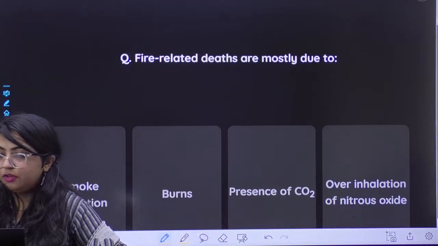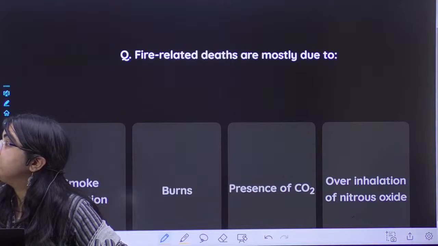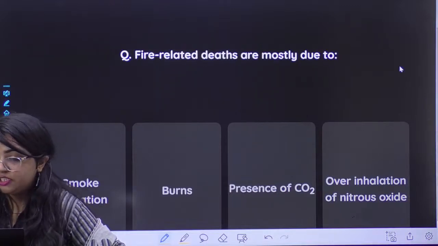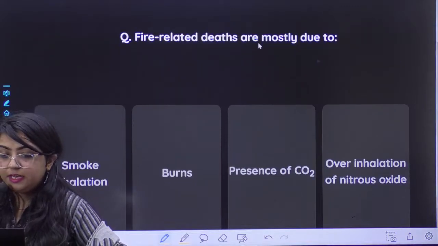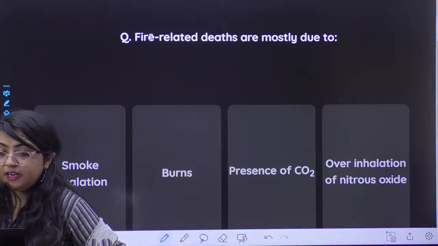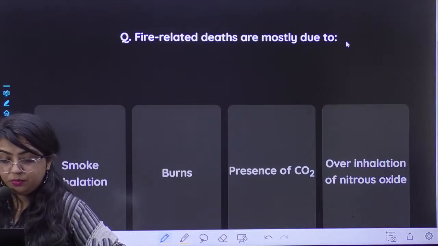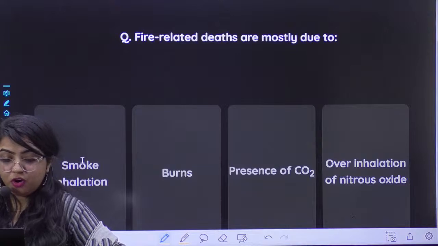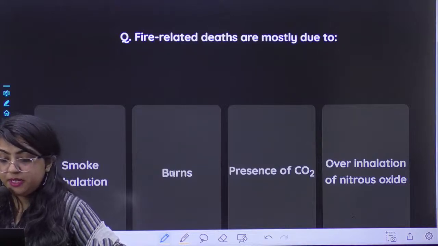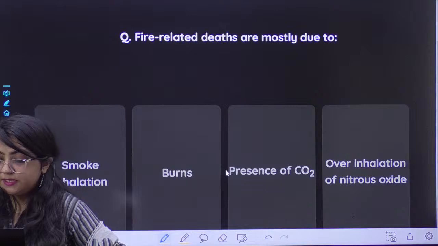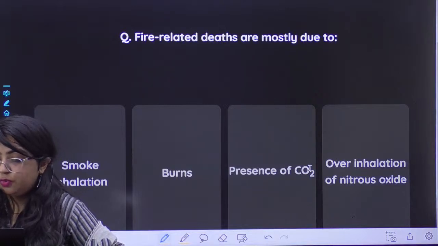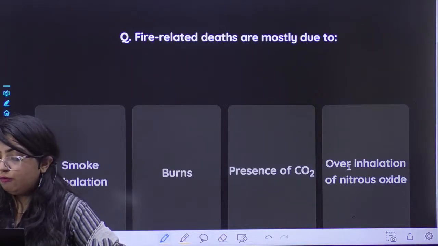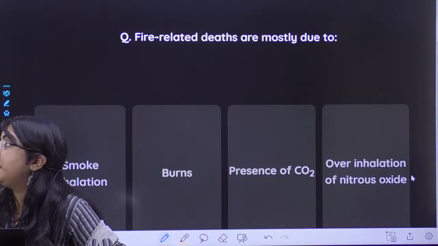Is it visible to your screen? I hope this question is visible to all. It says that fire-related deaths are mostly due to option A, smoke inhalation, option B, burns, option C, presence of CO2, and option D is over-inhalation of nitrous oxide.